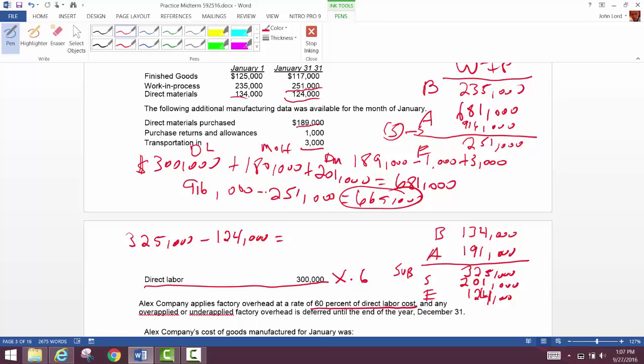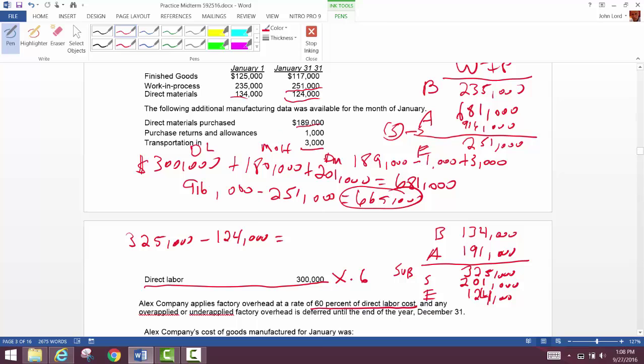Could you not have just found the overhead by taking 0.6 times 300,000 and adding that to direct materials and direct labor, and getting the same answer, subtracting the returns and transportation? I'm not sure what you just said. They gave me the direct labor. I got the manufacturing overhead by multiplying the labor by 0.6.